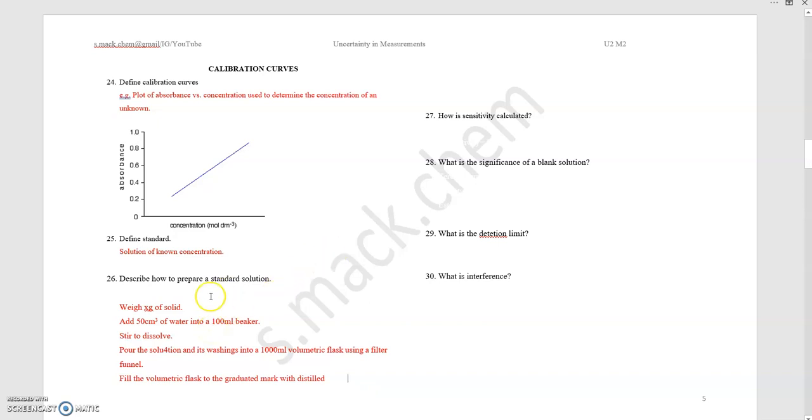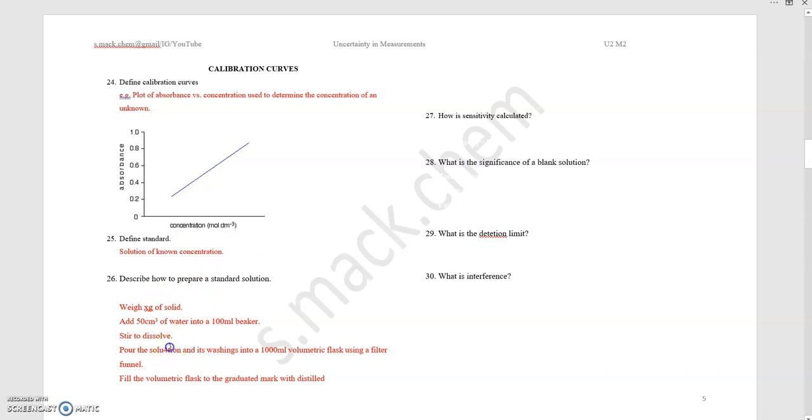Your X grams of your analyte you have to dissolve. You can use a quantity of distilled water, so you're going to add 50 cm cube or 100 to a beaker. You have to stir to completely dissolve your analyte.